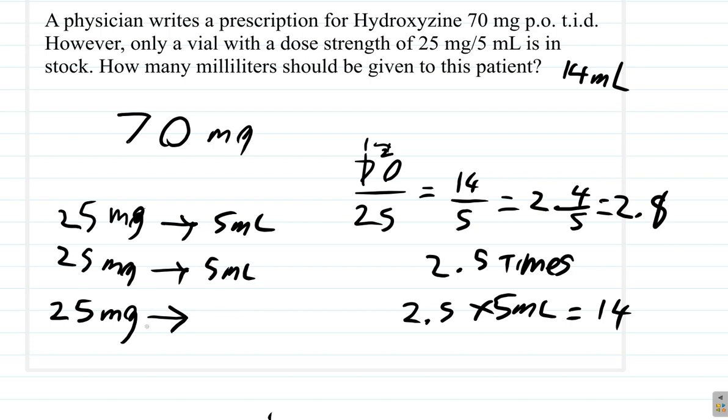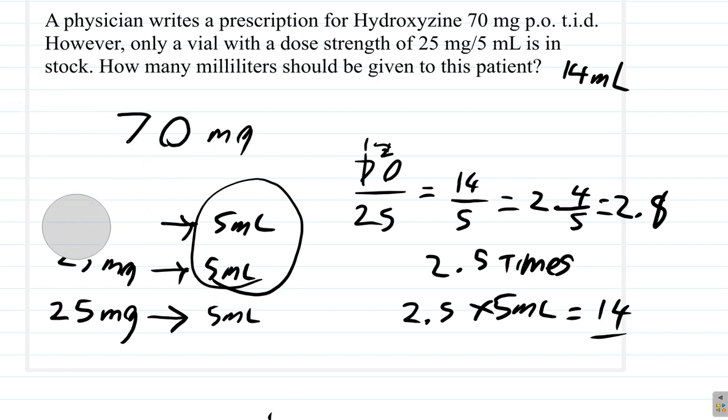So 3 25s is another 5 milliliters, but you've gone all the way up to 75. It's too much. So it's going to be 2 5 milliliters, that's 10 and some more. So that shows you that it's 10 and a lot, almost 15. So the 14 is correct.